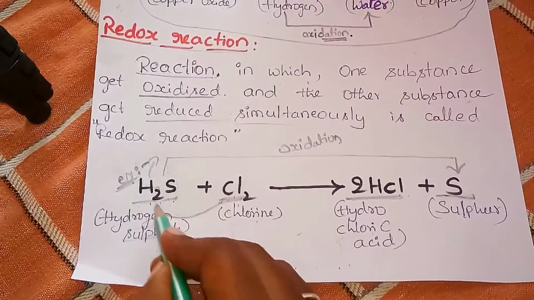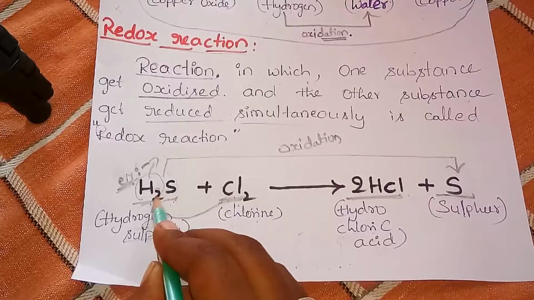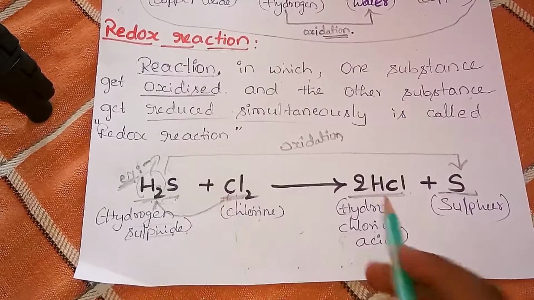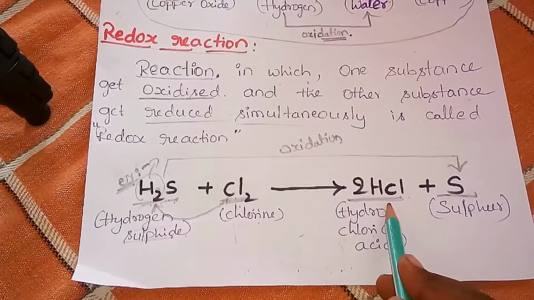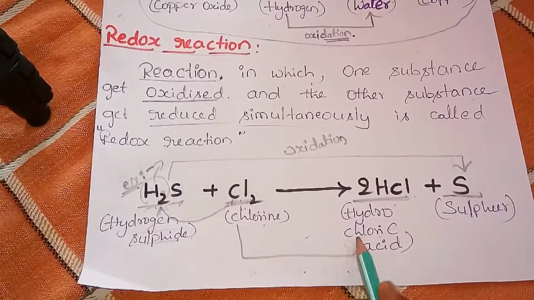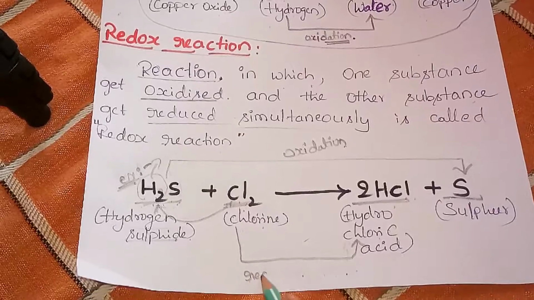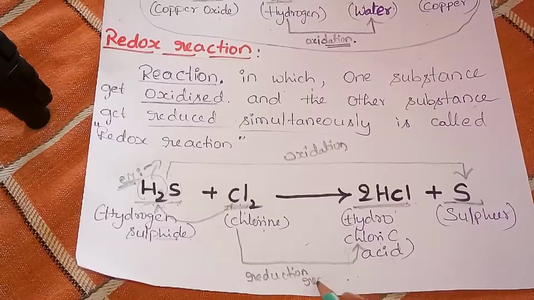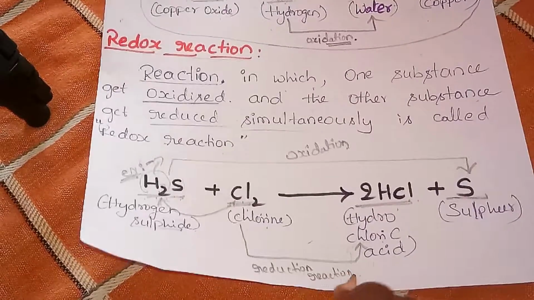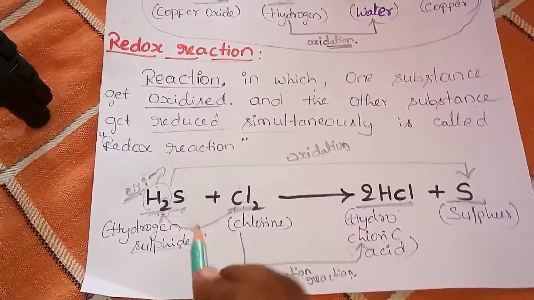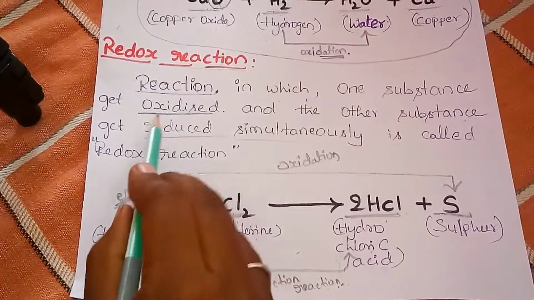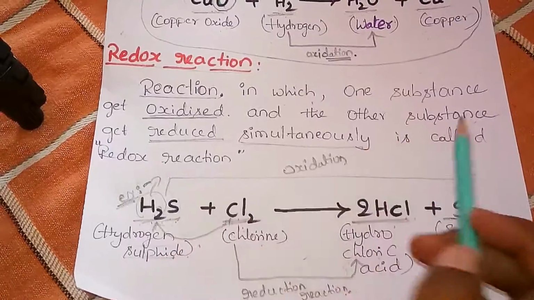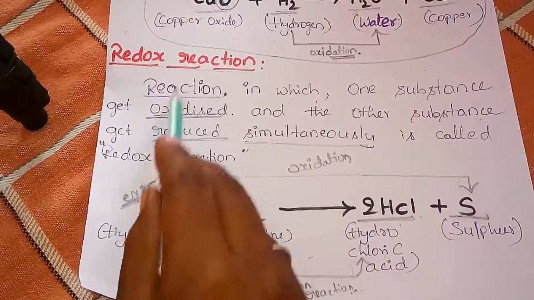Chlorine gains hydrogen, and due to the addition of hydrogen, chlorine gets reduced and forms hydrochloric acid, which shows reduction. So in this reaction, hydrogen sulfide gets oxidized and chlorine gets reduced simultaneously, which is known as a redox reaction.